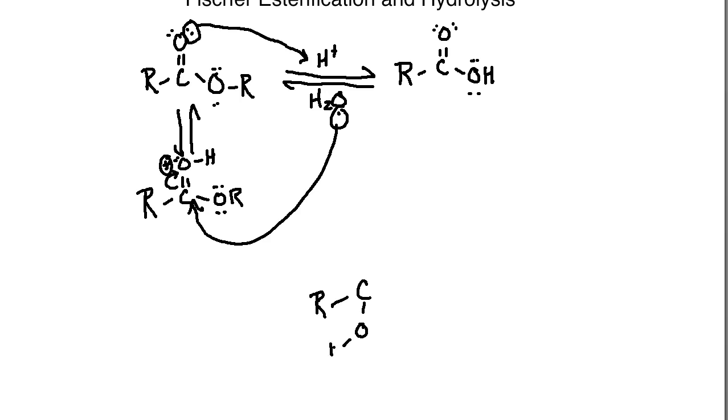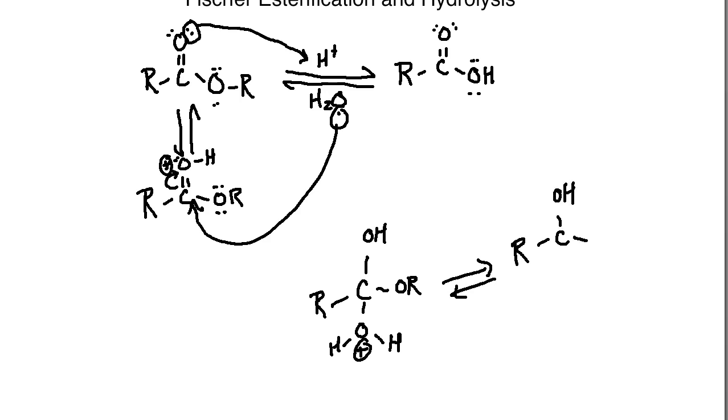So the water brought two protons with it. Here's the OR, here's the OH, and then what's going to happen here is proton transfer is going to create a situation like this, where the alcohol picks up the proton, and now this is OH.